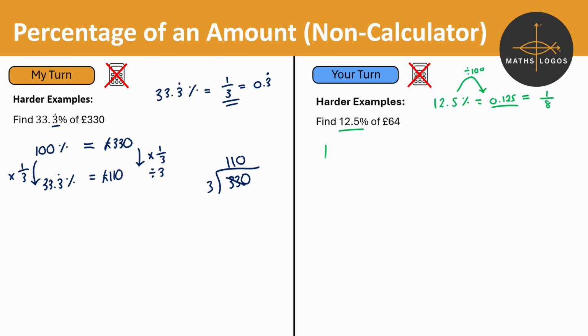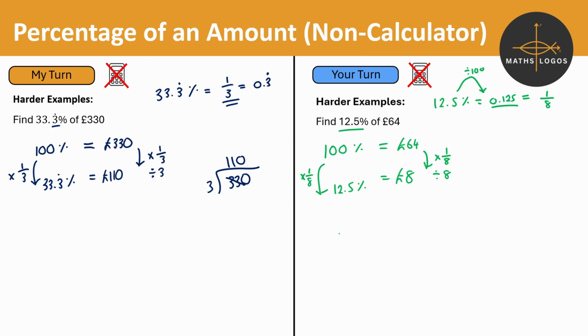So I'll start by saying 100% is equal to £64. And to go from 100% to 12.5%, I multiply by 1/8. So I want to multiply 64 by 1/8 as well. Of course, multiplying by 1/8 is the same thing as dividing by 8. 64 divided by 8 is £8.